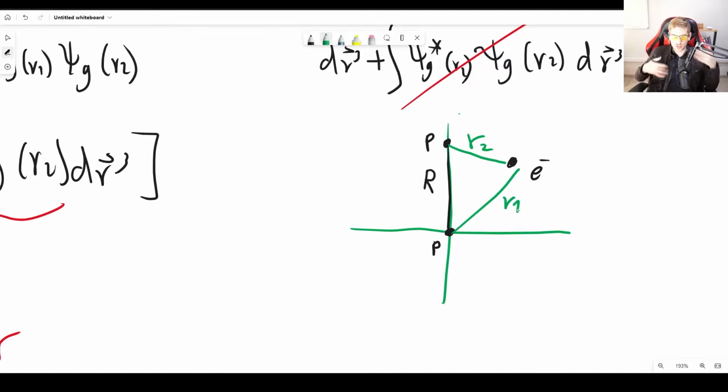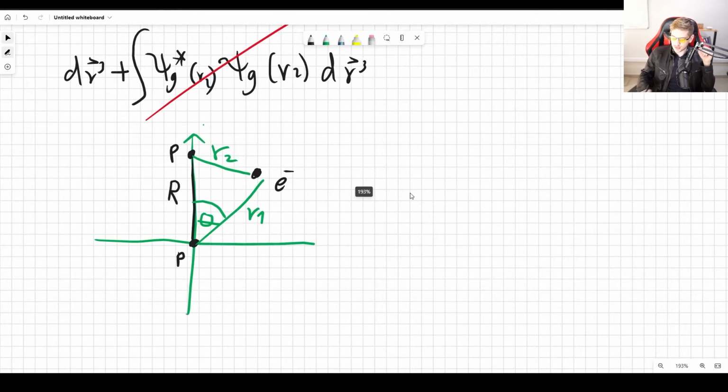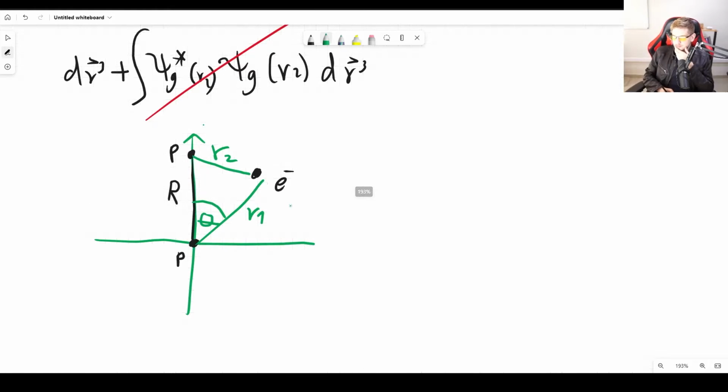Again, it doesn't matter which is which. And if we are in spherical coordinates, then this angle right here is going to be theta. We can align it for it to be theta. So under this configuration, we can then just use the law of cosines to write R2 as the square root of R1 squared plus big R squared minus 2 R1 R cosine theta.